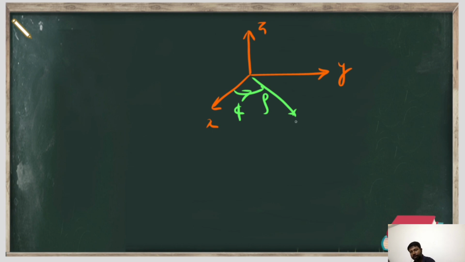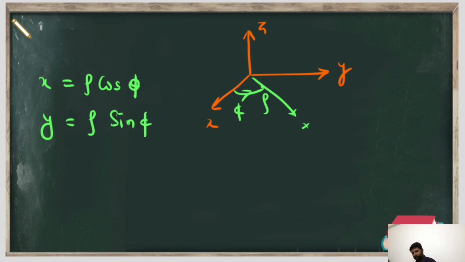If we take the components of this vector, then the x component is x equal to rho cos phi, and the y component is rho sin phi. Since this is making an angle phi, the component of rho along the x-axis is rho cos phi, and the component of rho along the y-axis is rho sin phi.